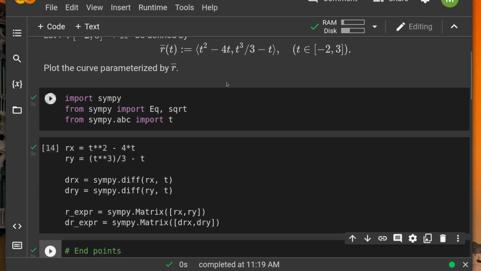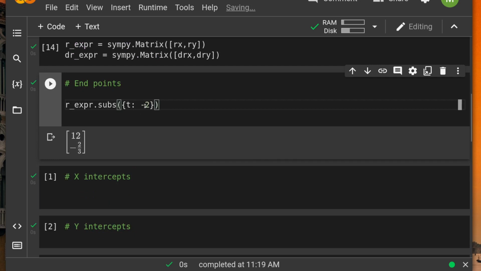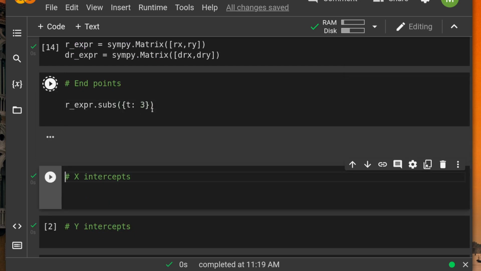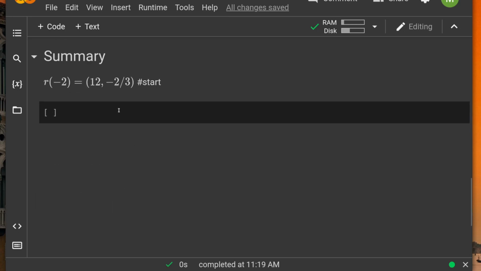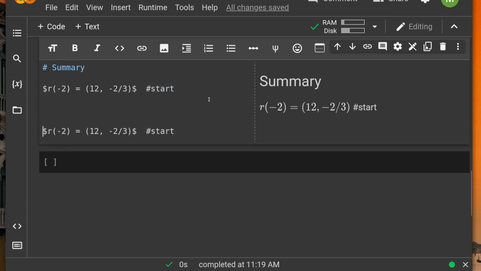For the right endpoint, the end point, we're going to substitute 3. And we end at -3, 6. So this is our end point. At 3, what were the coordinates?